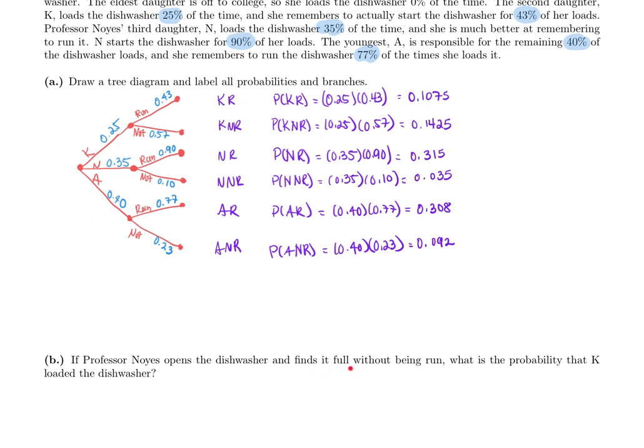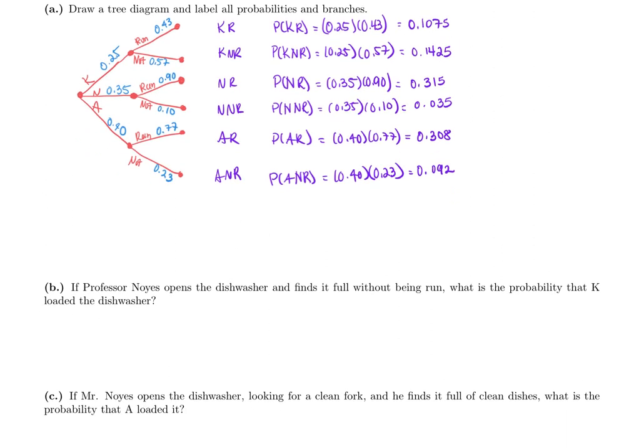It is loaded, but it wasn't run. So the way that we could have had the dishwasher loaded and not run is our total sample space in this case.